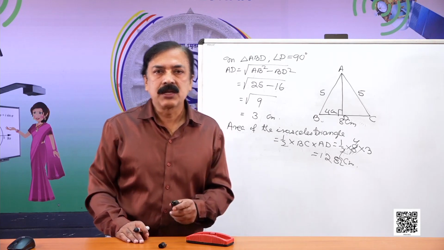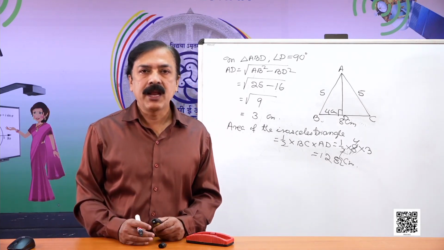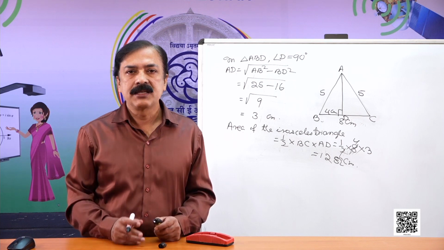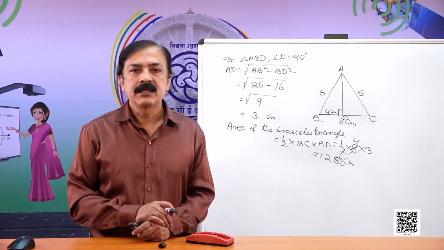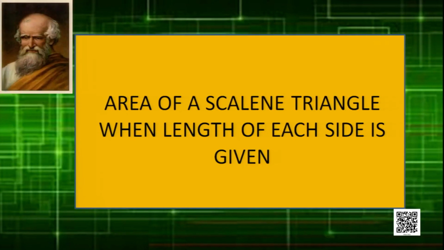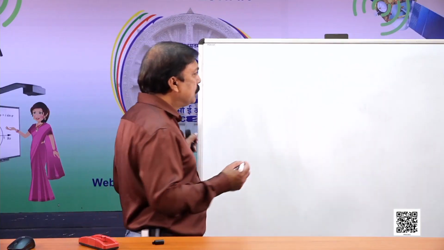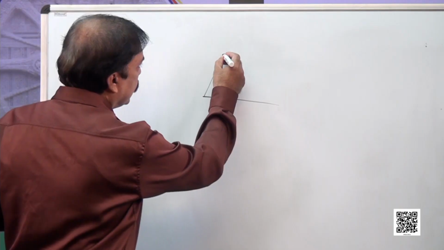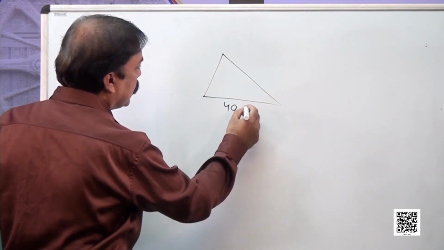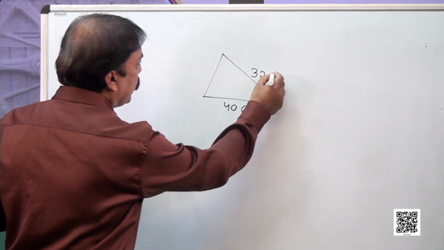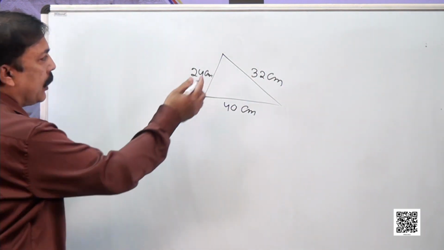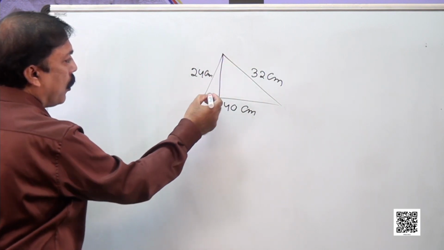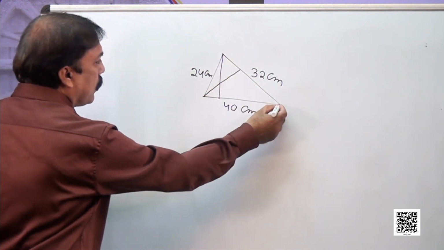So, in this case also we can find the area of the triangle if all the 3 sides are given. Let us come to another triangle, that is area of a scalene triangle when length of each side is given. Let us get a scalene triangle whose sides are say 40 centimeter, 32 centimeter and 24 centimeter. Can you find this height or this height or this height?